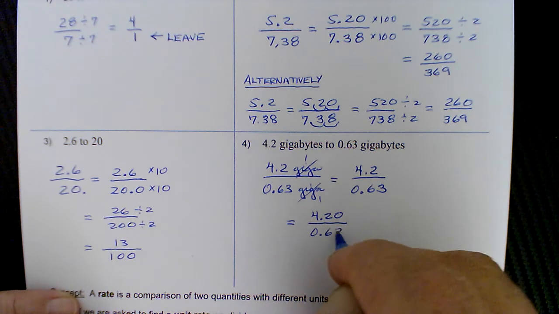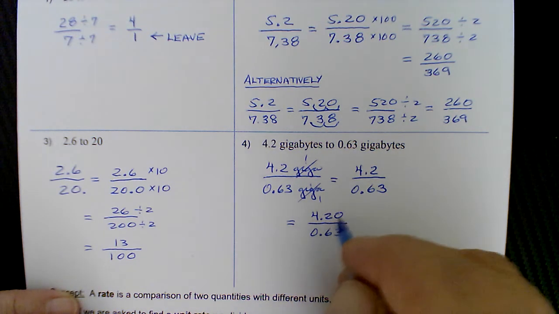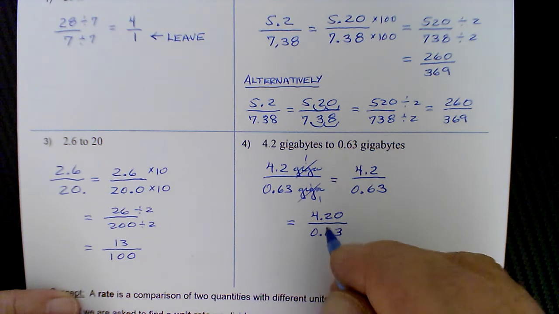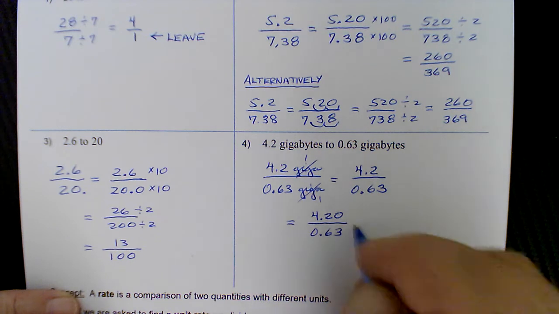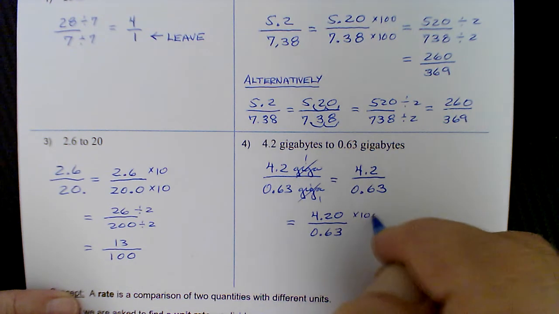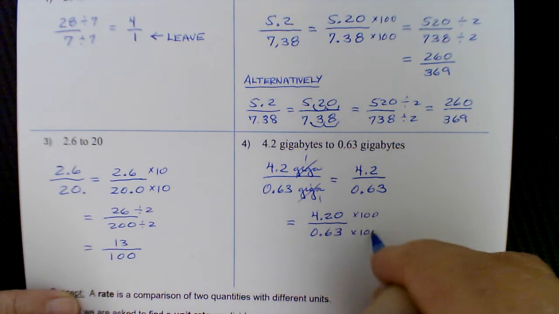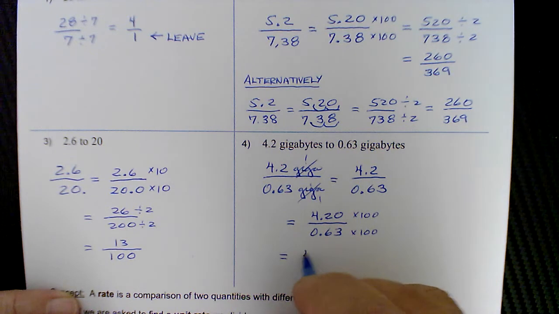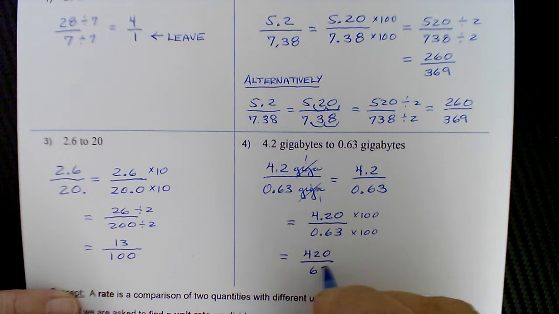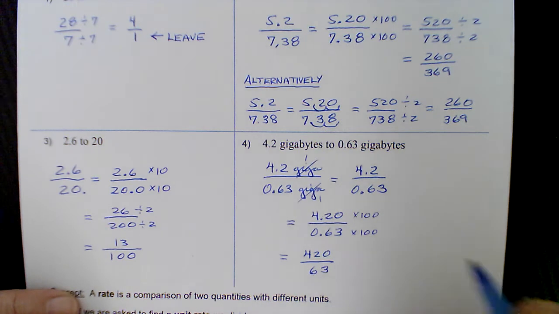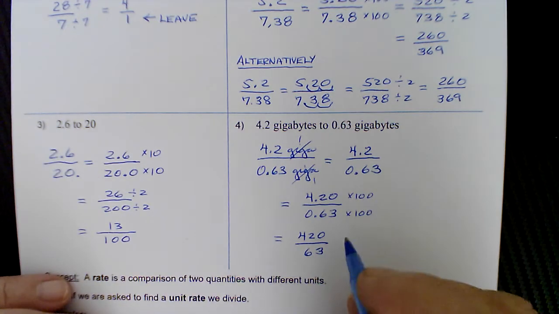Recopy 0.63. If you want to do the little movement of the decimals, you could basically just drop the decimals if you want. But I'm going to show literally multiply by 100 and multiply by 100. And we get 420 over 63. And actually, these numbers are both divisible by 3.